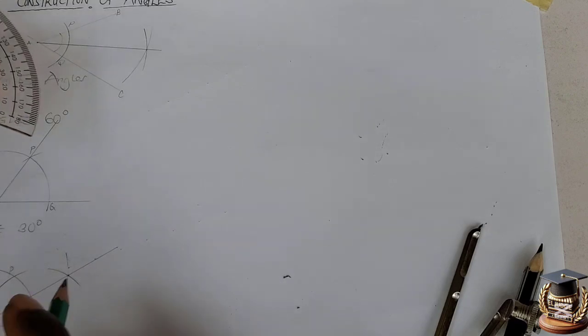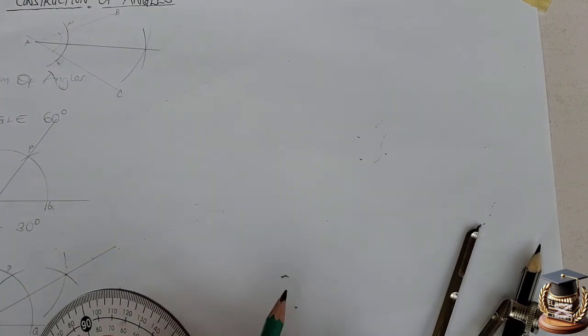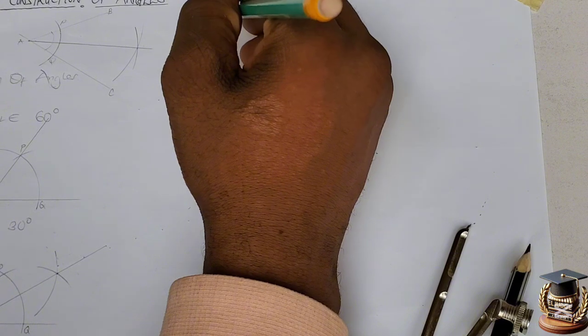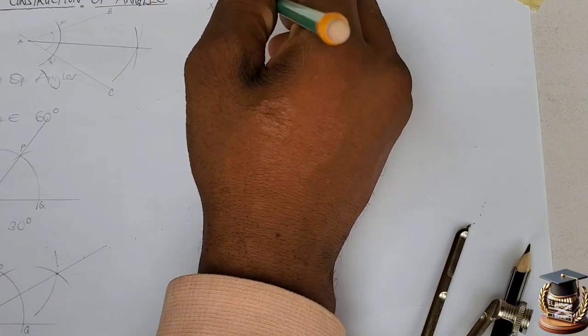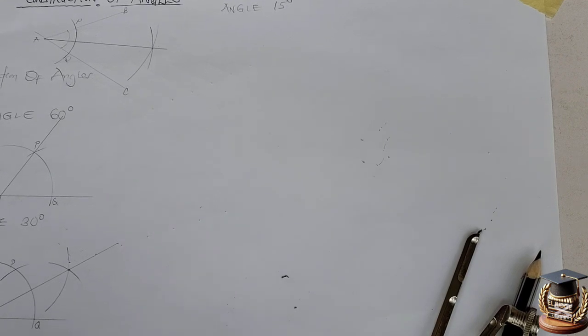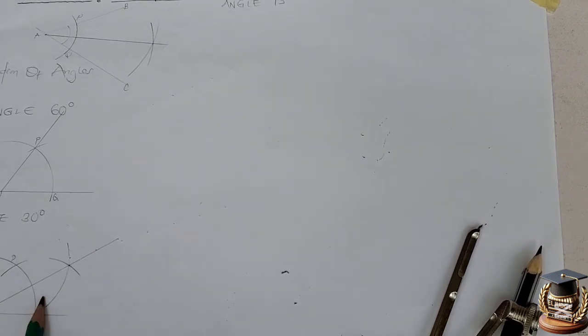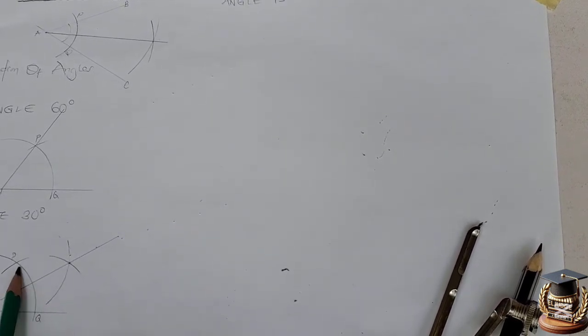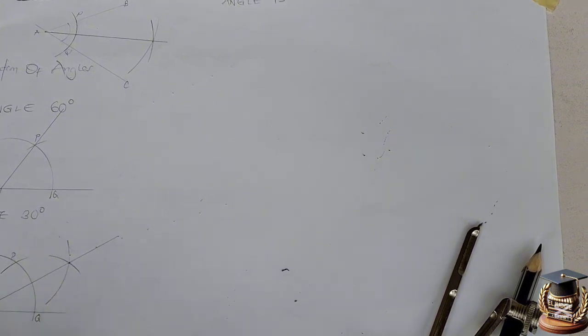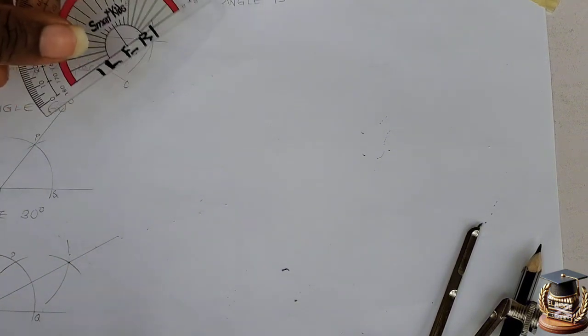Also, if we are to construct angle 15 degrees, angle 15 degrees is constructed by bisecting angle 30. So this is 30 degrees, this is 30 degrees. Once I bisect any of this, I get angle 15 from it.